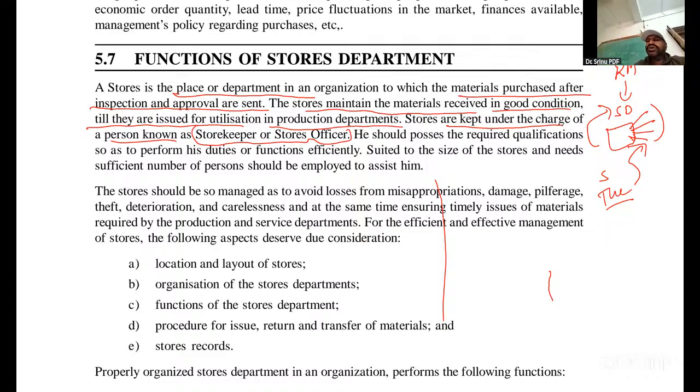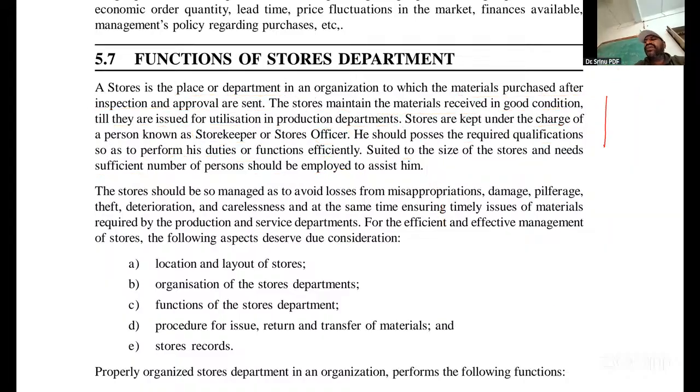Next, he should possess the required qualification and perform his duties and functions efficiently, and a scientific number of persons suited to the size of the stores should be employed. So it means he will simply take care of the entire material, how much they want to issue, how much balance is there. All of that is taken care of by the person. Next, for efficient and effective stores management, the following aspects are to be considered. See, what is that?